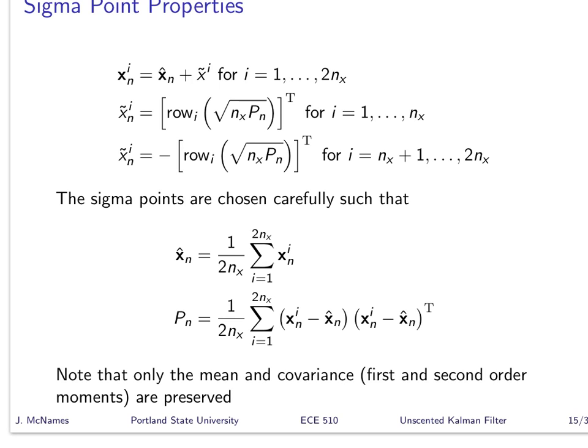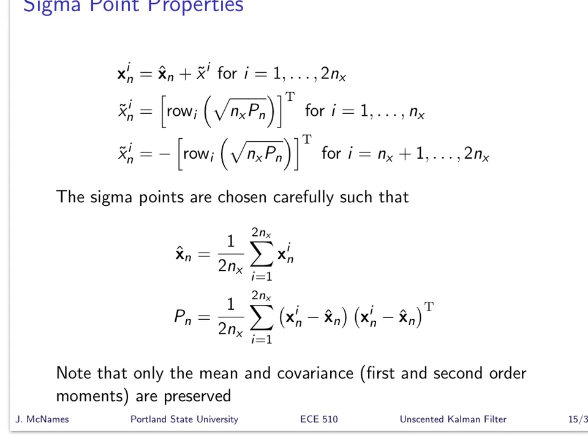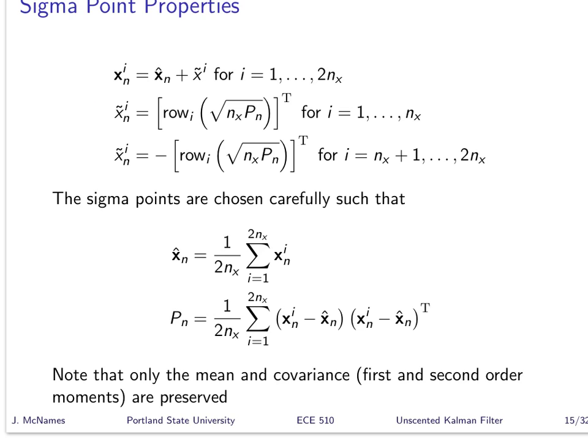All right, so as I mentioned, these are the sigma points, same equations we had before, where again you take your estimate of the mean that we get from the recursions, and your state error covariance, take the square root, calculate the rows, add positive and negative versions of each row to get each of your sigma points. These are chosen carefully so that if you take the sample average, you get your mean of the state back.